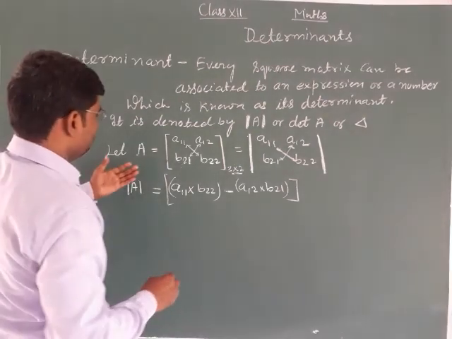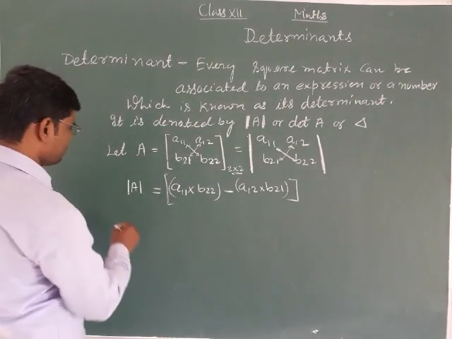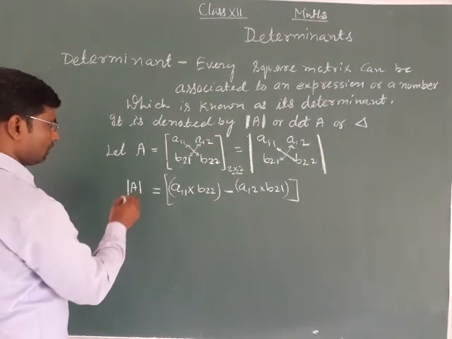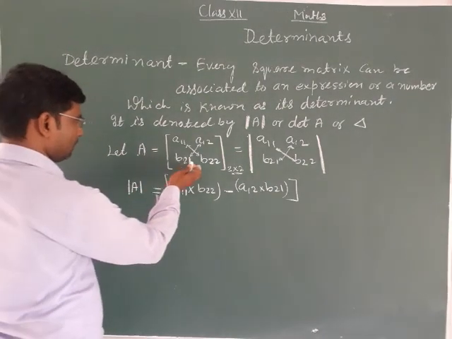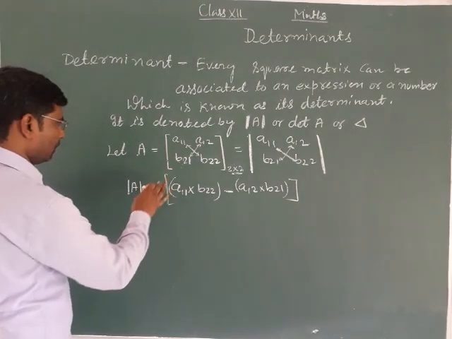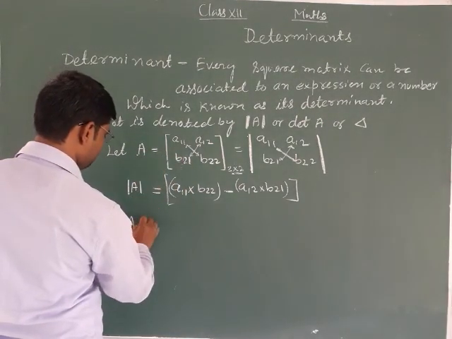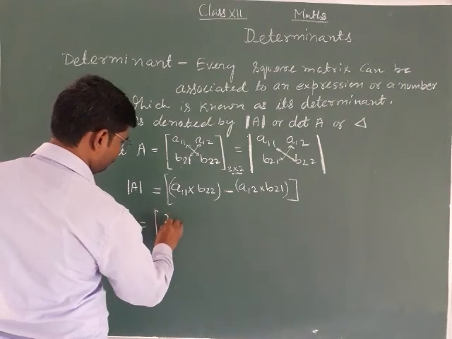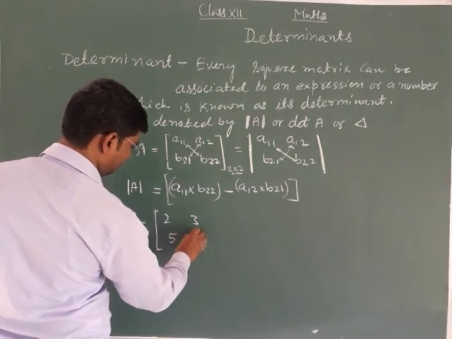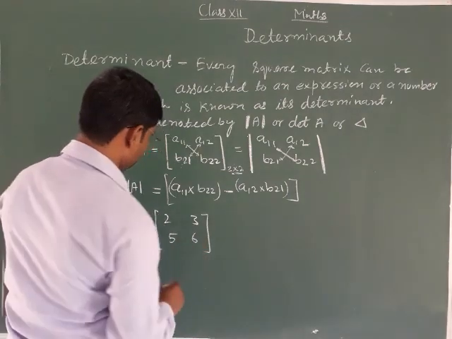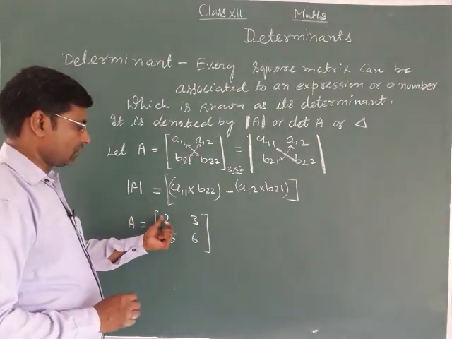Now another example. Solve for the given matrix A with elements 2, 3, 5, 6. This is a square matrix of order 2 by 2.